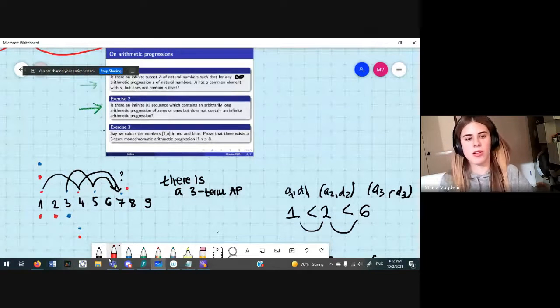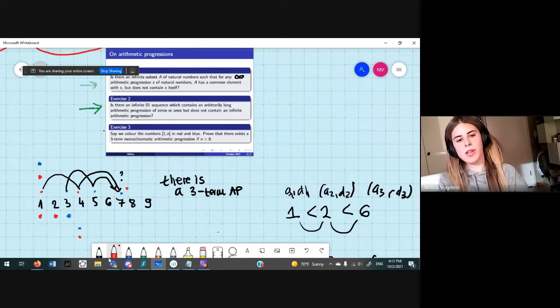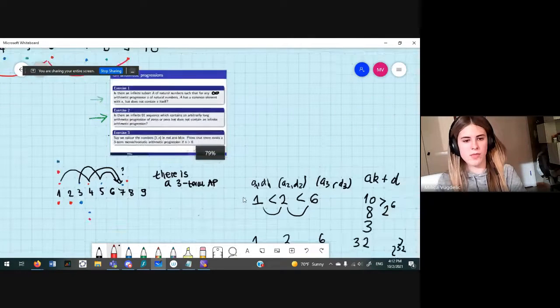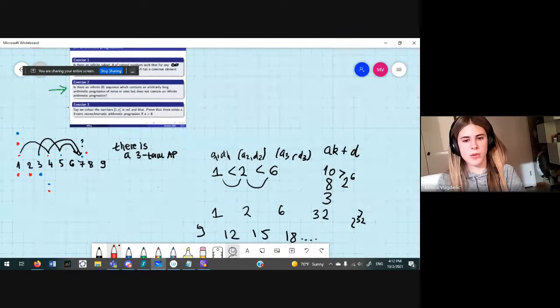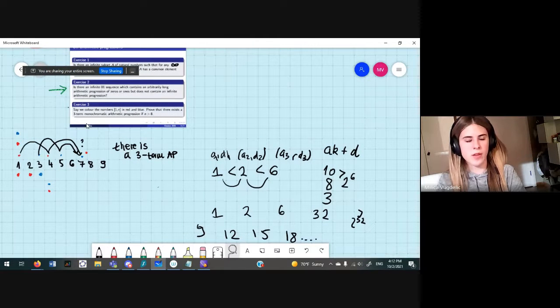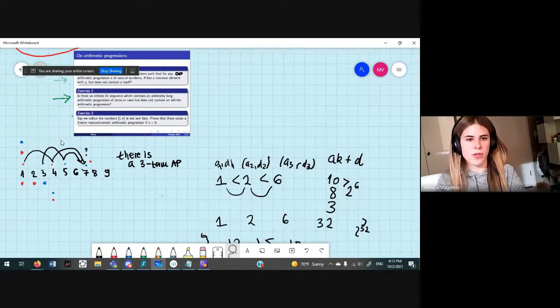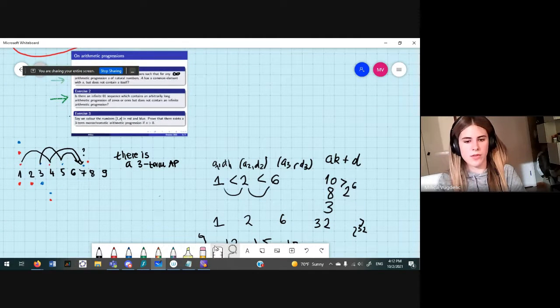That's the general idea of proving this, but you would have to brute force it for a really, really long time, and you would get cases where you have these fake APs concurring at 9. So that is just a short story about the exercise: 9 is enough for 2 colors and 3-term APs. Okay, moving on.